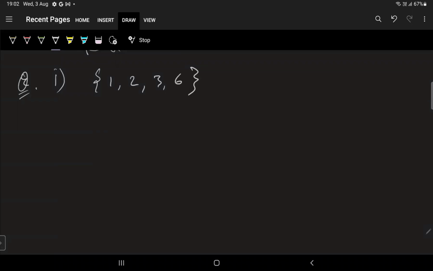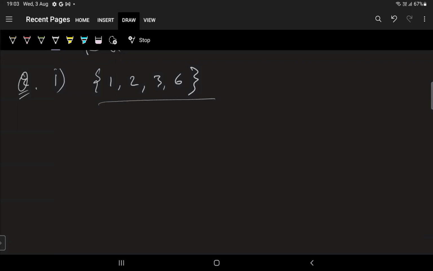How do we write these numbers in set builder form? This is which form? This is tabular form. When we write all the elements of a set, this is called tabular form. Now this tabular form we can write in set builder form. Let's see how.